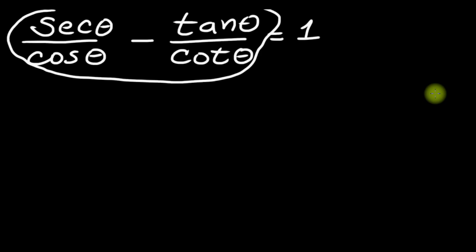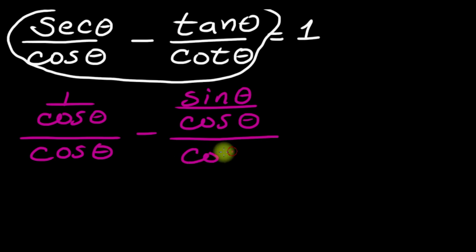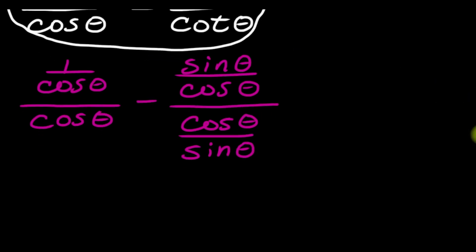What we want to do here is turn everything into sines and cosines. Secant is 1 over cosine, the reciprocal identity, and cosine we leave alone. Tangent can be sine over cosine, and cotangent can be cosine over sine.